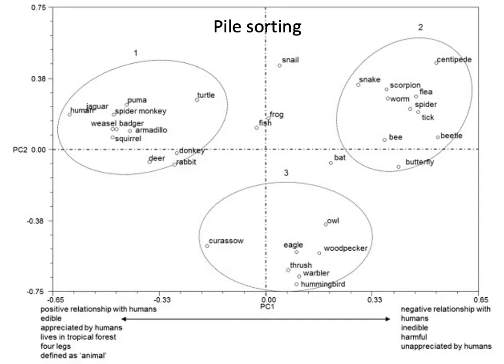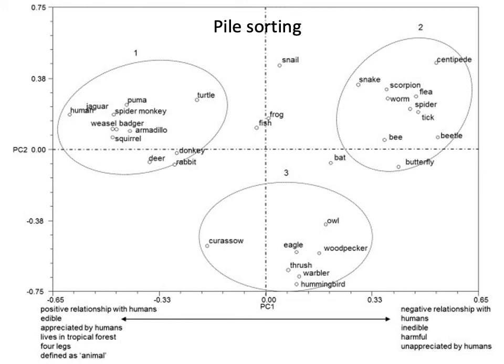So what you can do afterwards, if you have asked lots of people lots of questions, in this case about animals, is let the computer do the pile sorting. Here, the interviewer has asked the respondents to list all kinds of animals and also their opinion about these animals. Is it a positive relationship?